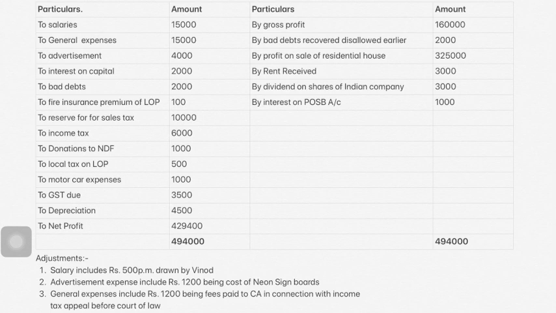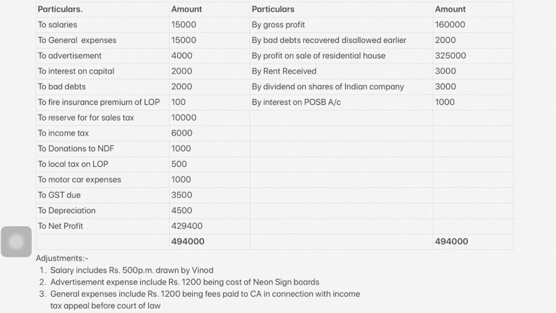This 100 also you have to remove the effect of this 100. So you will add 100. Okay. To reserve for sales tax. Okay. So this is a reserve. Again, it is not an expense. Correct? So you have to remove the effect of this 10,000. So you will add it back.